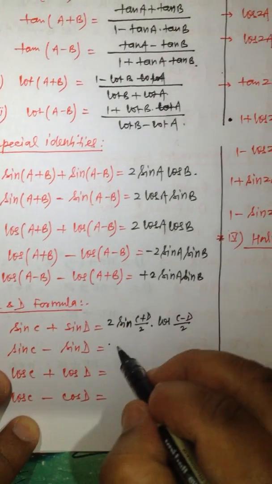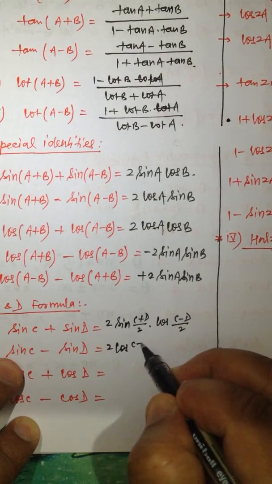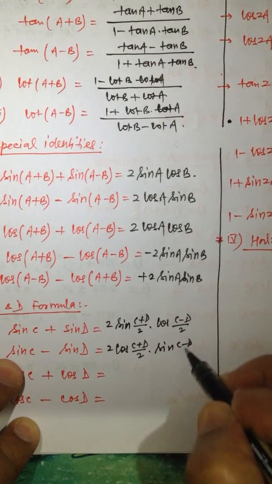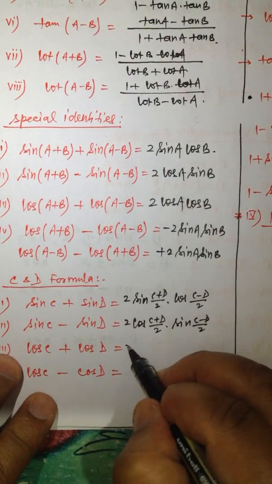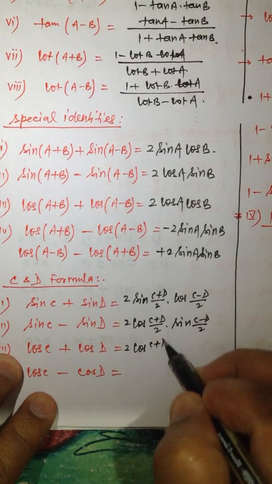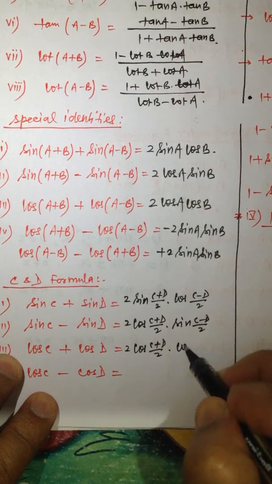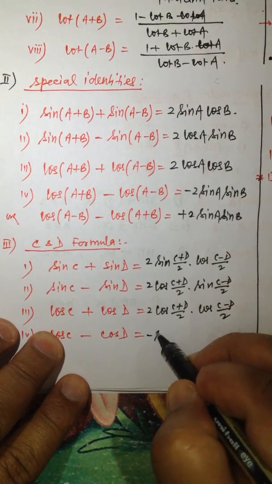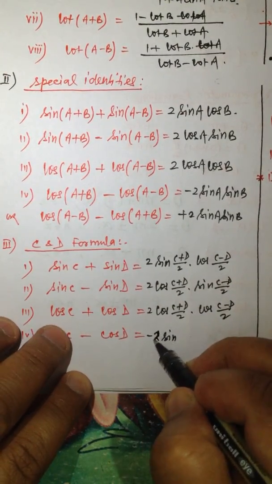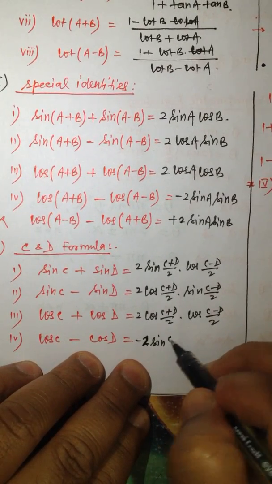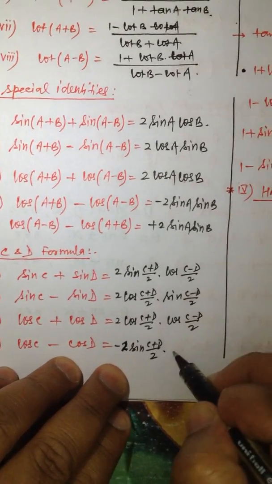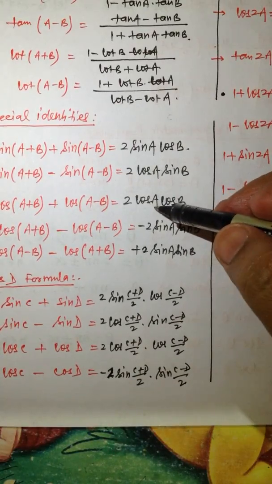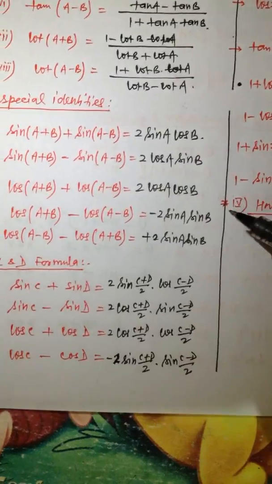Then this will be 2 cos (C plus D by 2) sin (C minus D by 2), and this is 2 cos (C plus D by 2) into cos (C minus D by 2). Here minus 2 times sin (C plus D by 2) into sin (C minus D by 2). Okay, after replacing A by C plus D by 2 and B by C minus D by 2, we got this.